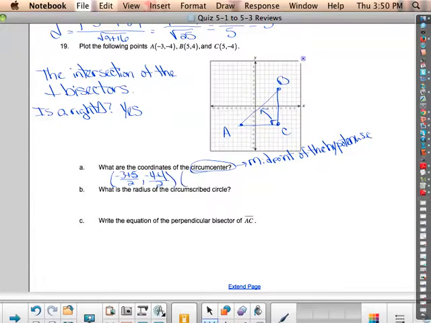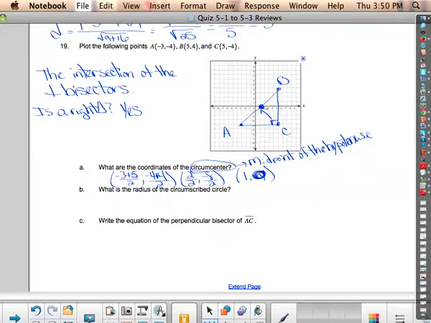That's going to give me 2 over 2 and 0 over 2, which gives me a midpoint at 1, 0. That's why you draw the picture, because if it doesn't match, you can ask that question.